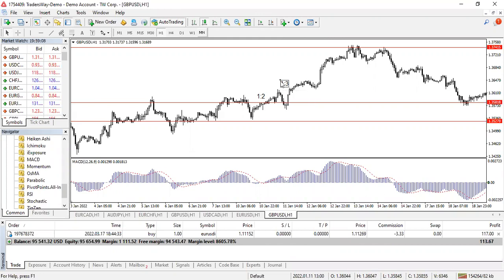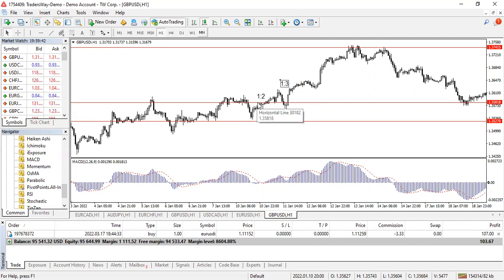When you lose 5 of these trades, you lose just $500, and you win 3 trades, which means you will be in profit of $900. So at the end of the day, you will be in profit of $400. I hope you understand this, or let me come again.